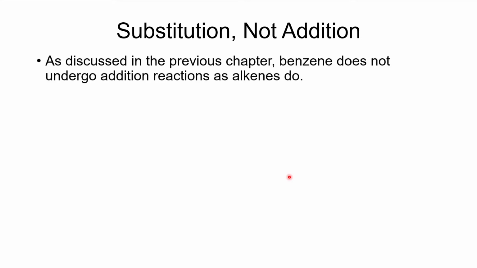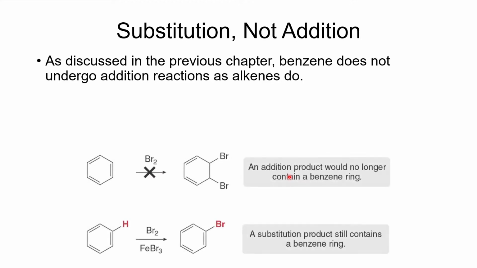Now, one important note here is that when we do this reaction, we can't do just regular addition reactions to aromatic rings. If we attempt to do addition, for example, of Br2 across a carbon-carbon double bond on an aromatic ring, we're going to find that that reaction ends up being endothermic.